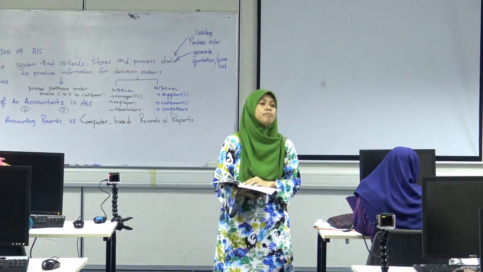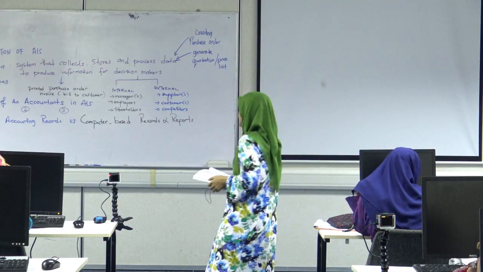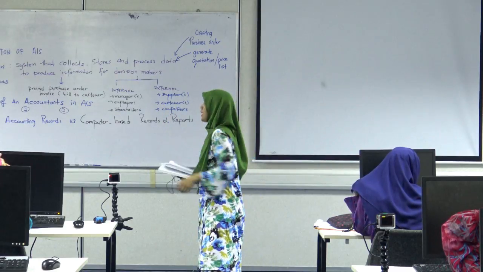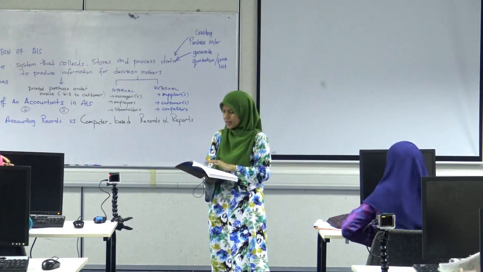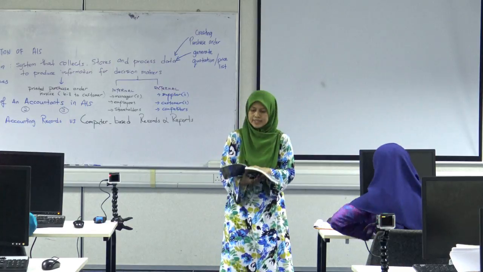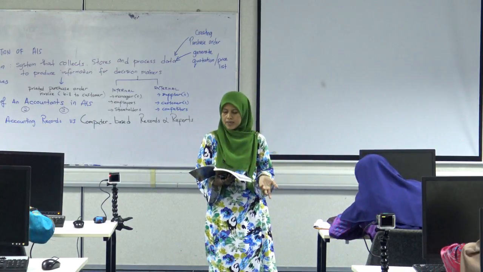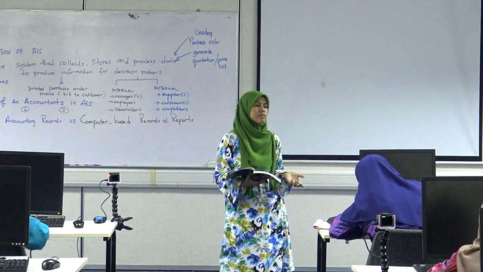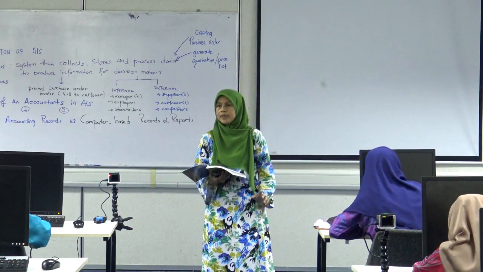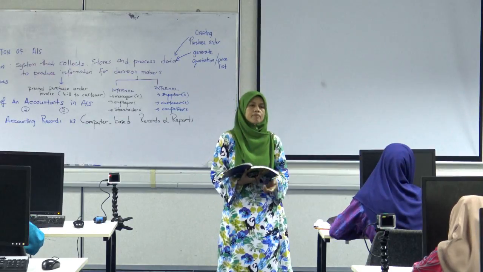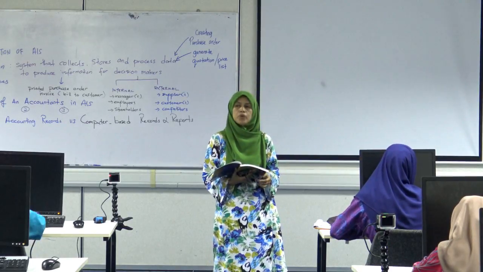Example, payment processing. Okay, so another objective. Okay, now we are moving to the second objective, to support decision making. So for decision making, normally we are concerned about internal first, because who is the person managing this database or bookkeeping?